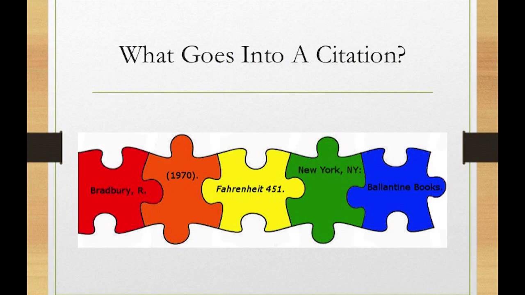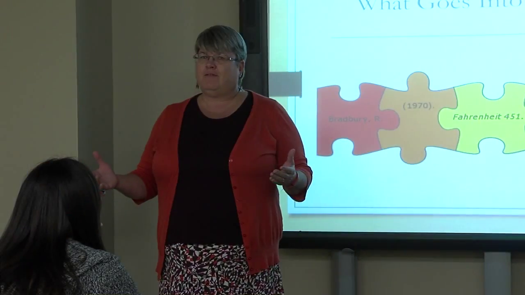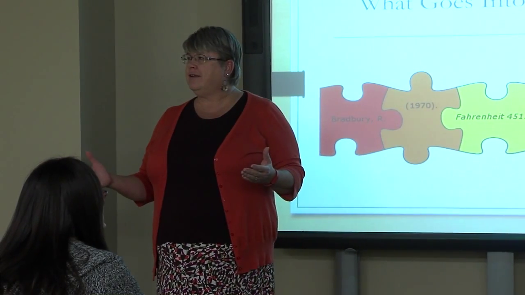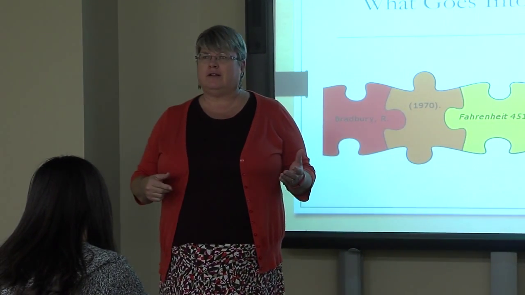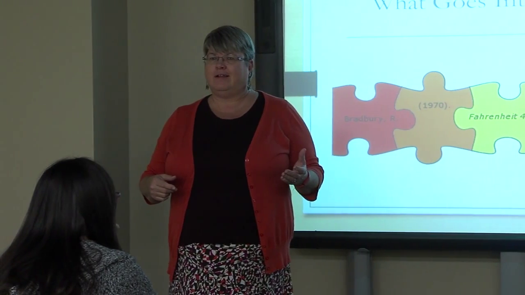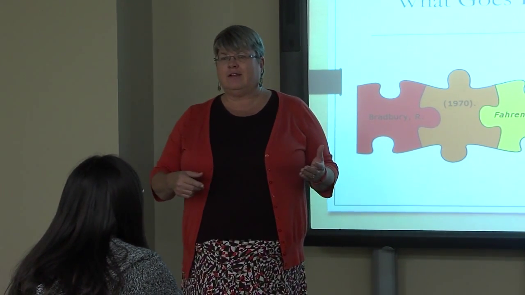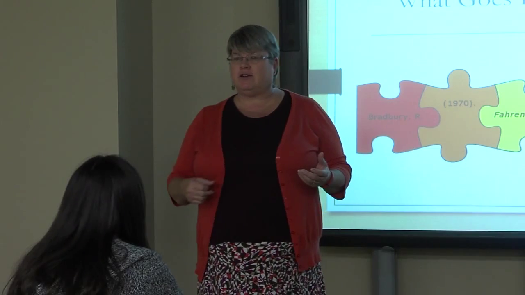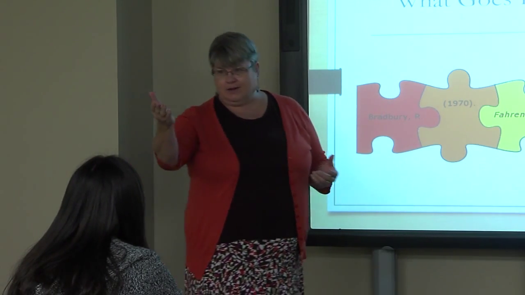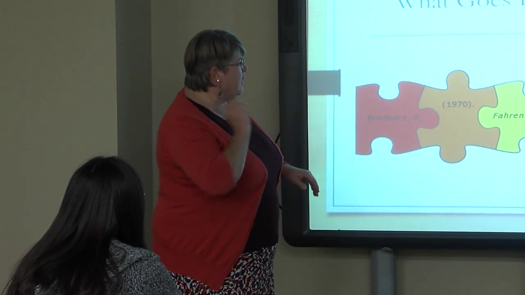All right, so you're writing a citation. What are the main things that we put in a citation? If you have a citation, author is one. The date, publication date, the title. Yeah, so we have particular things.